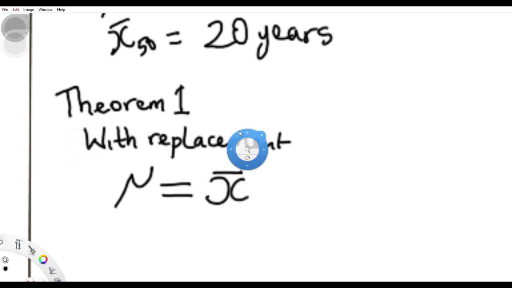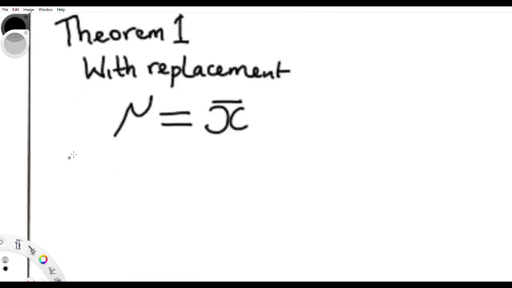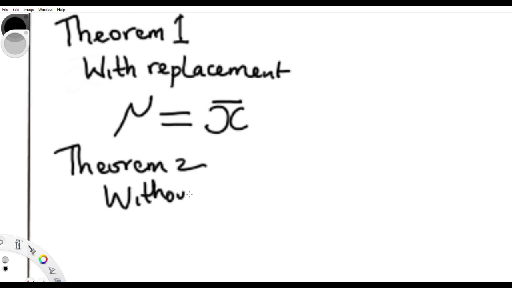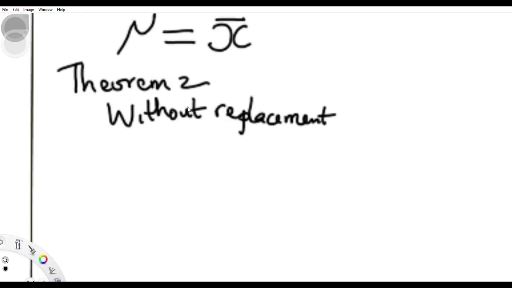And the same goes for without replacement, which is theorem 2. For without replacement, the sample mean is still the same as the population mean. That was where we stopped in the previous video.